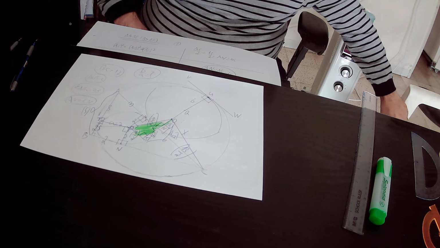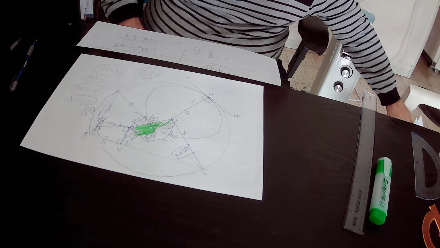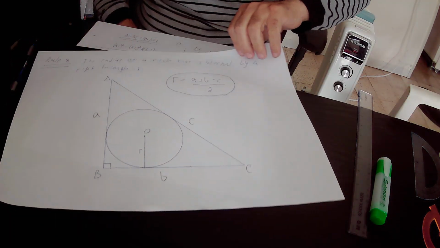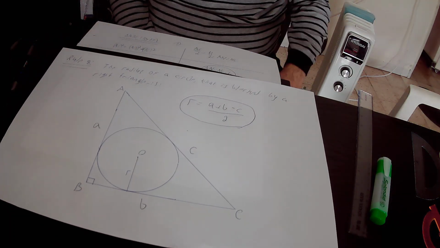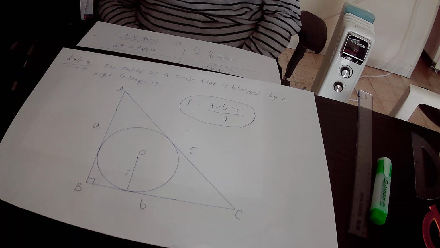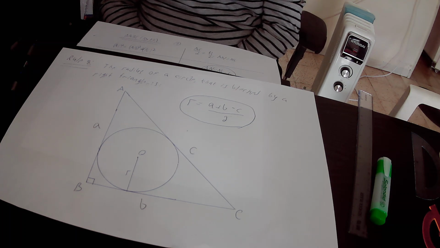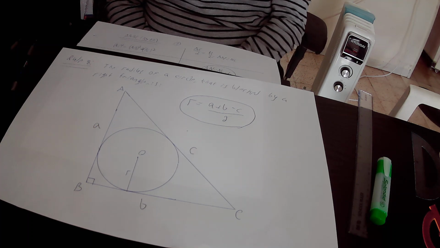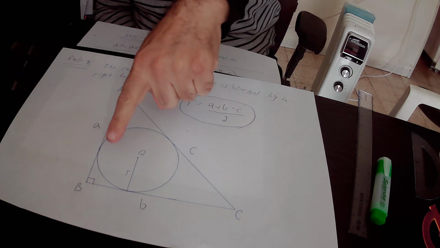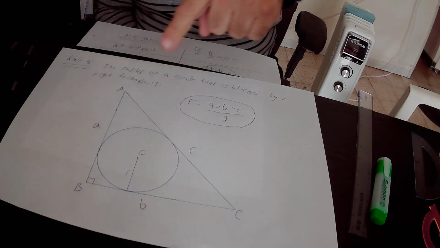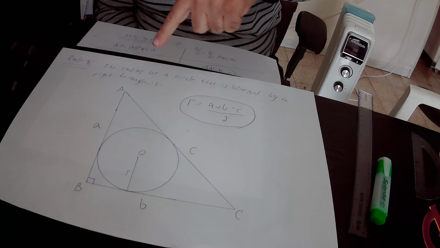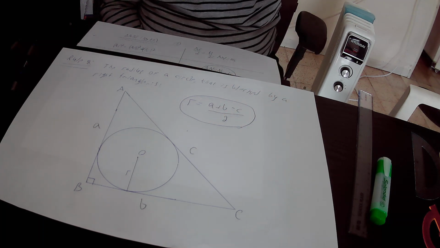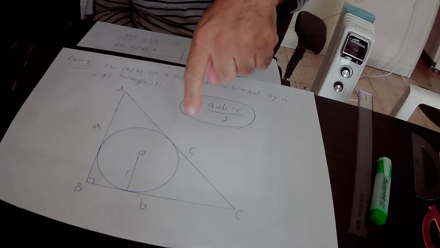Then I presented to you rule number 8, and we implement rule number 8 in our drawing. According to rule number 8, the radius of a circle that is blocked by a right triangle is R equals A plus B minus C over 2. We have the right triangle ABC, and angle ABC equals 90 degrees. The length of AB is A, the length of side BC is B, and the hypotenuse AC equals C units in its length. This right triangle ABC blocks this circle.